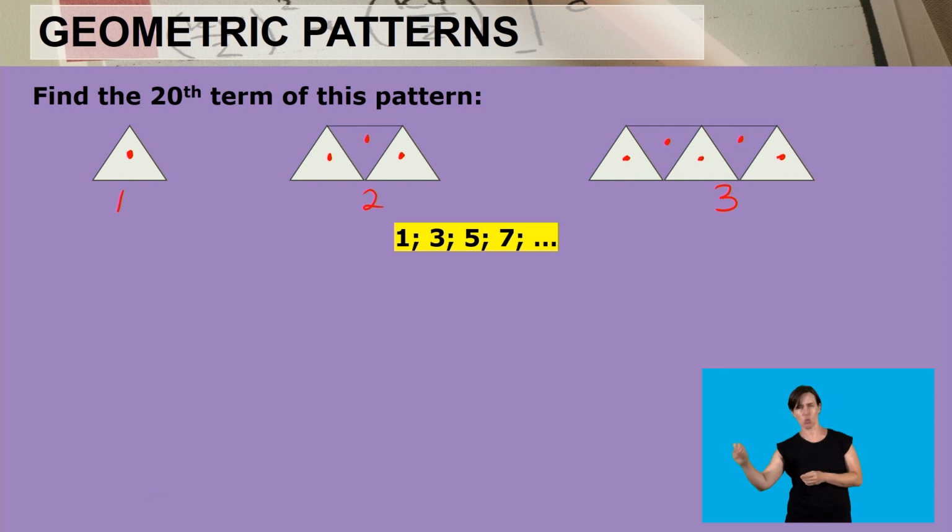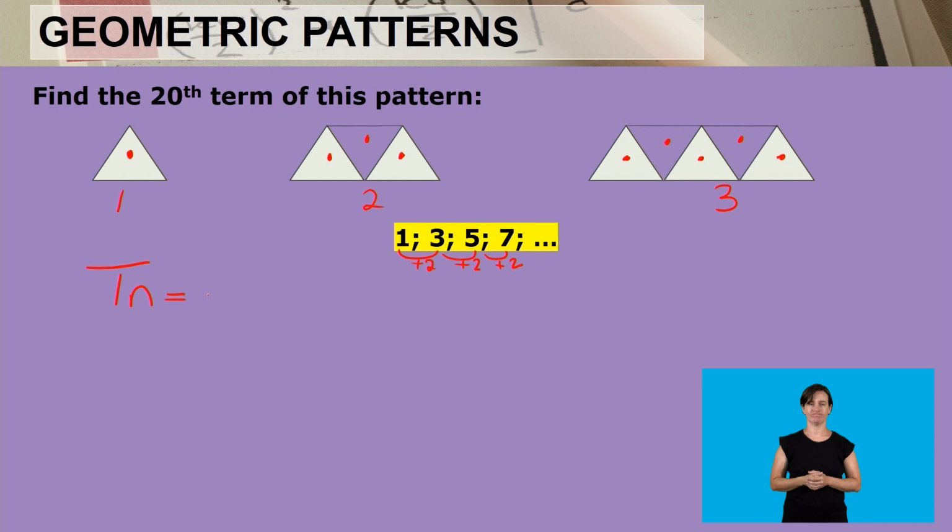Of course, we have to find our rule. So our rule is going to be represented by Tn. And since we know how we are moving from the first figure to the second figure, we saw that we are adding a constant number of triangles, which is our 2, which is also our constant difference. So we are adding 2 every time we go to the next figure.